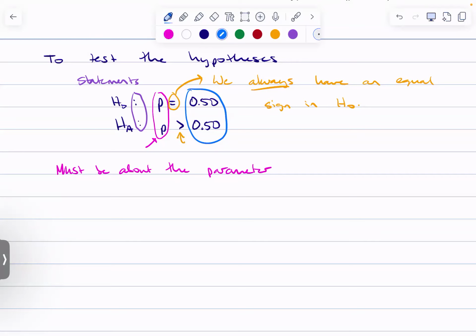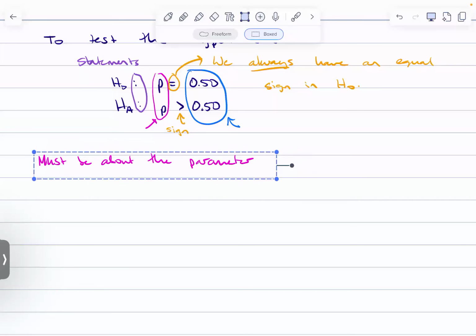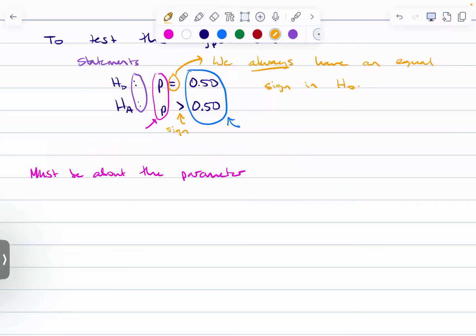And we said, okay, we always have an equal sign in the null hypothesis, and then the sign in the alternative hypothesis is just from the question, right? And so it's determined by the question.